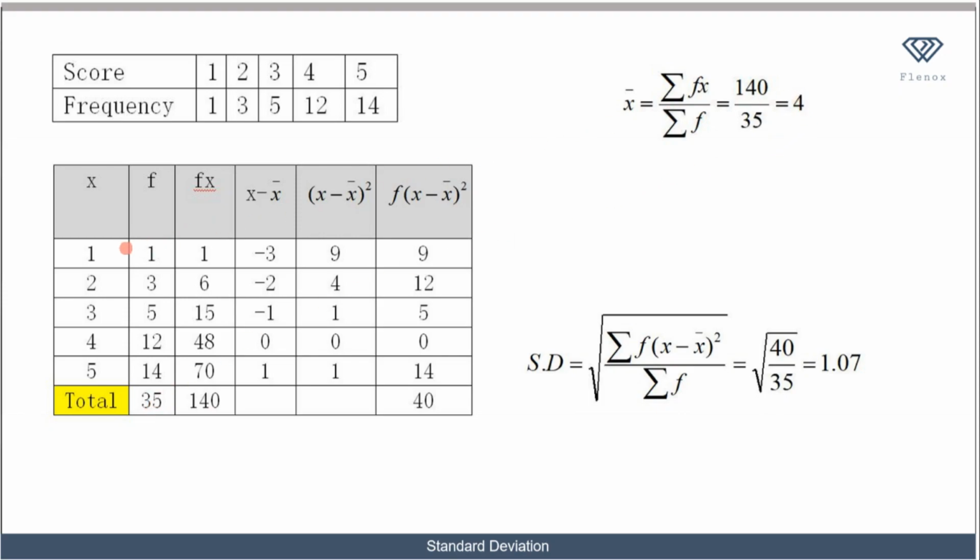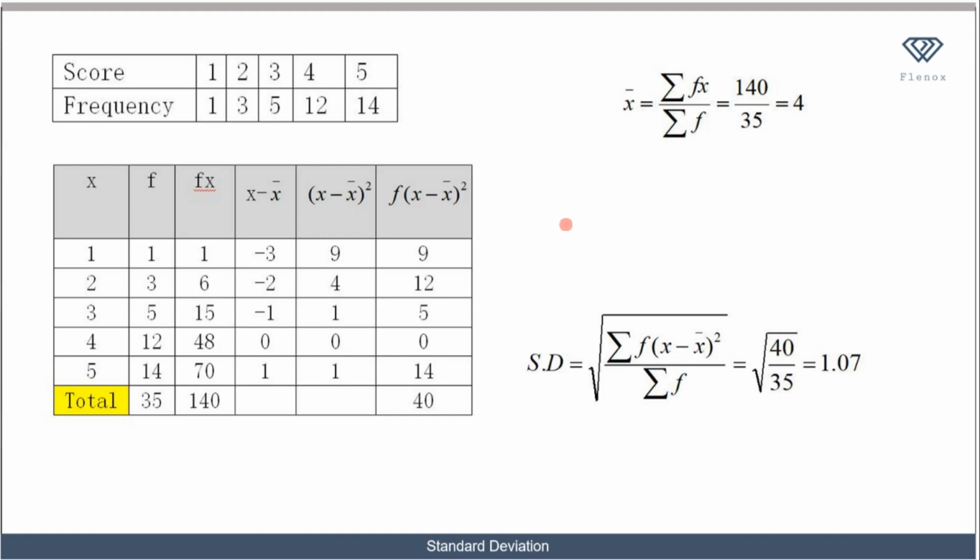Then we subtract 4 from all the values of x to get x minus x bar, and we find the square, multiply it by the frequencies to get this, and we sum it together. So our standard deviation will just be equal to the square root of our variance, which is the square root of this over here, which is 40 over the summation of f, which is 35, and that gives us 1.07.